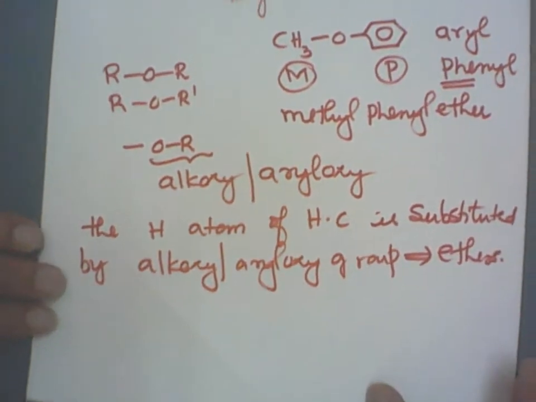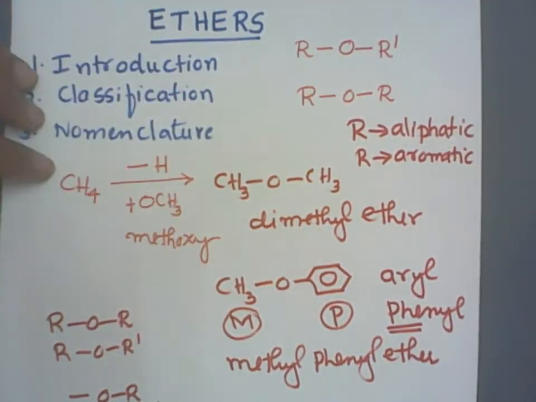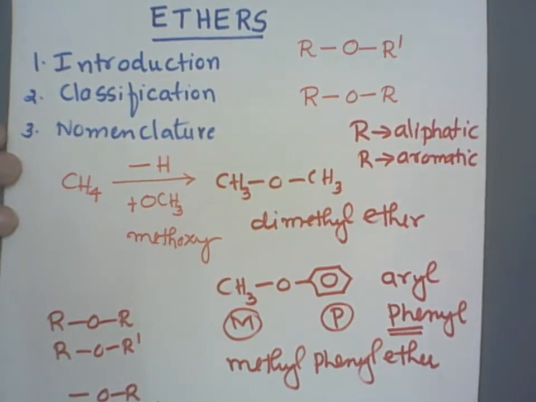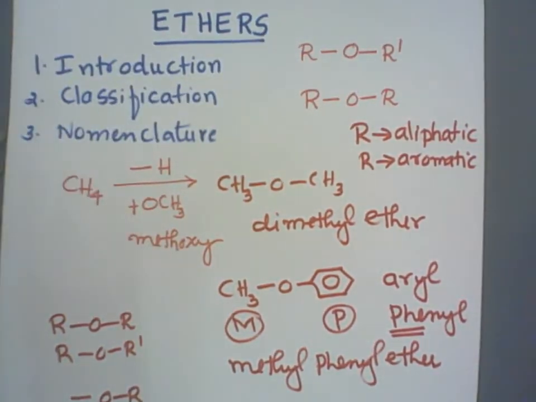Clear? So what is the general formula? ROR dash or ROR. Let us see the classification based on these groups R and R dash.